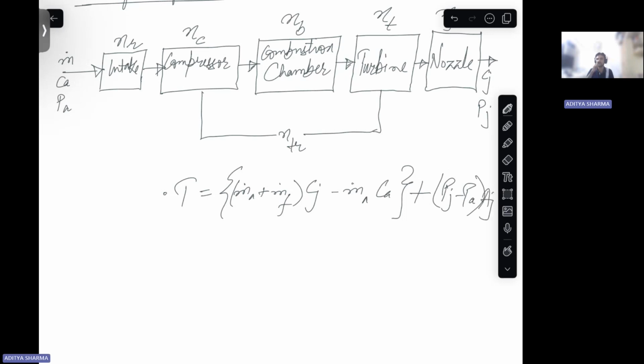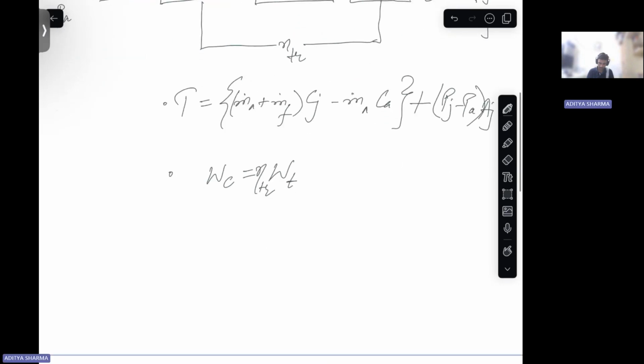AJ is the area of the exit section of the nozzle. And compressor work is this, or you can write it like this.